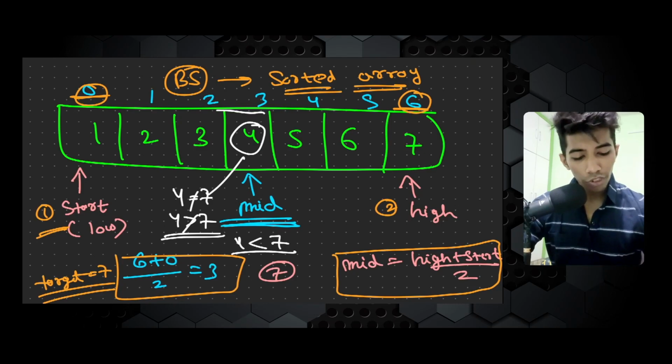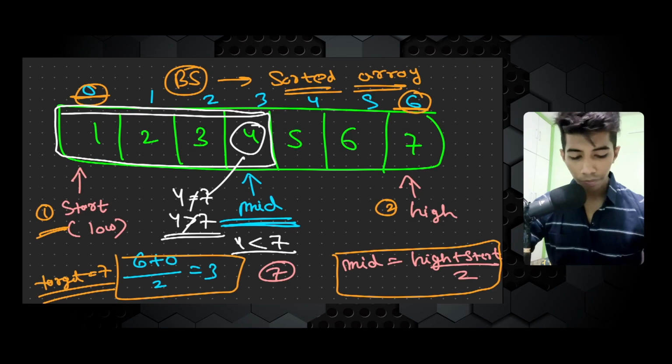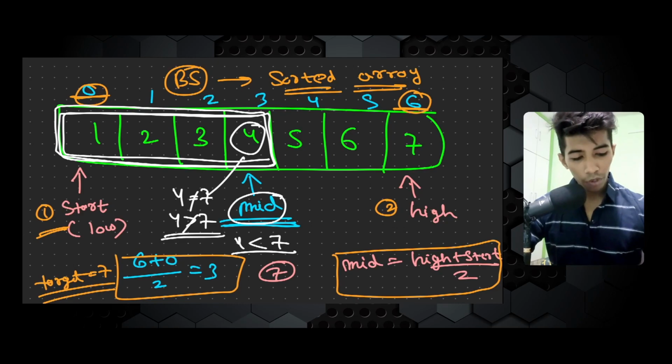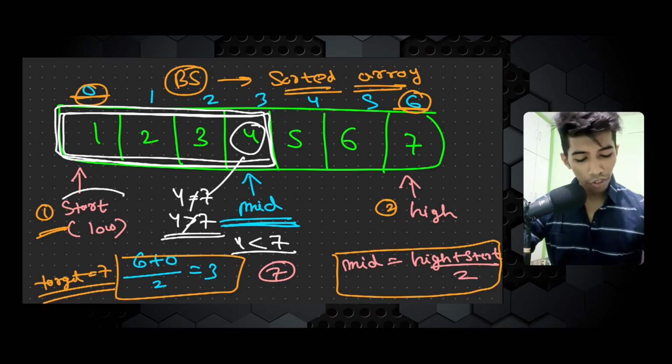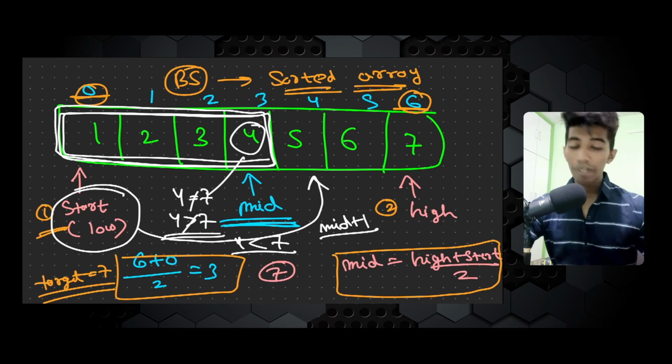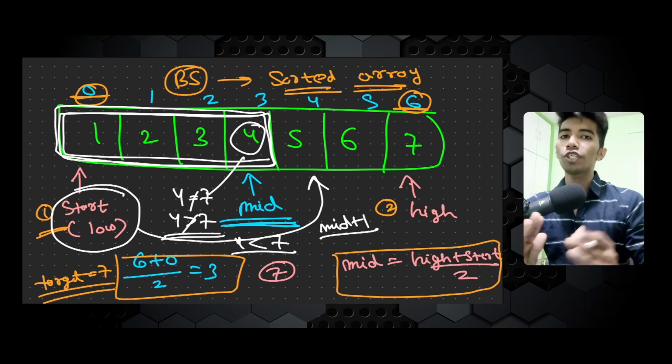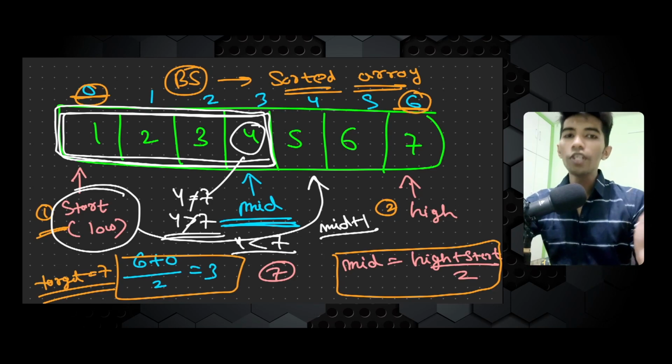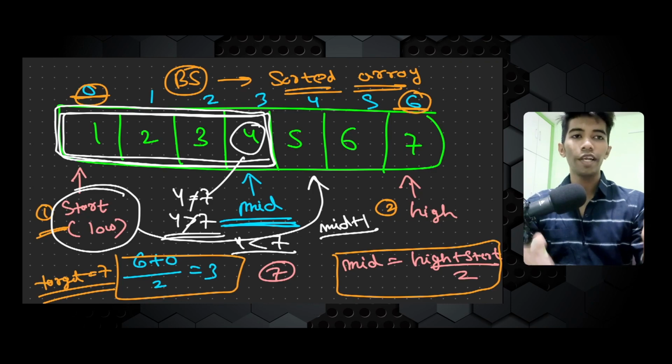Then instead of searching in this array, I will shift this start or low pointer to here, or mid plus 1. Got my point? Basically the logic is that instead of searching the complete array, we will only search half of the array to get our answer.